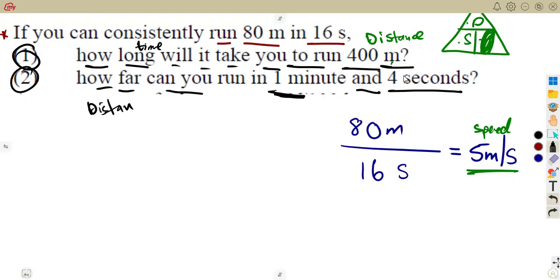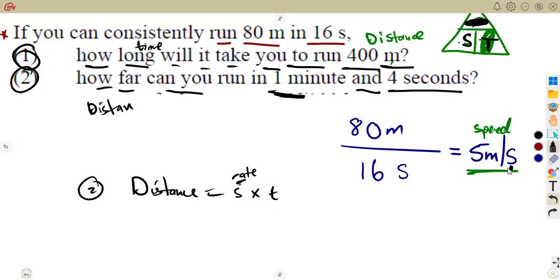What about in 1 minute, 4 seconds? Distance. You're simply going to multiply the rate that you are given by the time that you are given. Or you can simply use the formula. You want to calculate the distance. So it is speed times what? Speed times time. So that is the concept. How far? That is the distance. You're simply going to multiply the speed times the time.